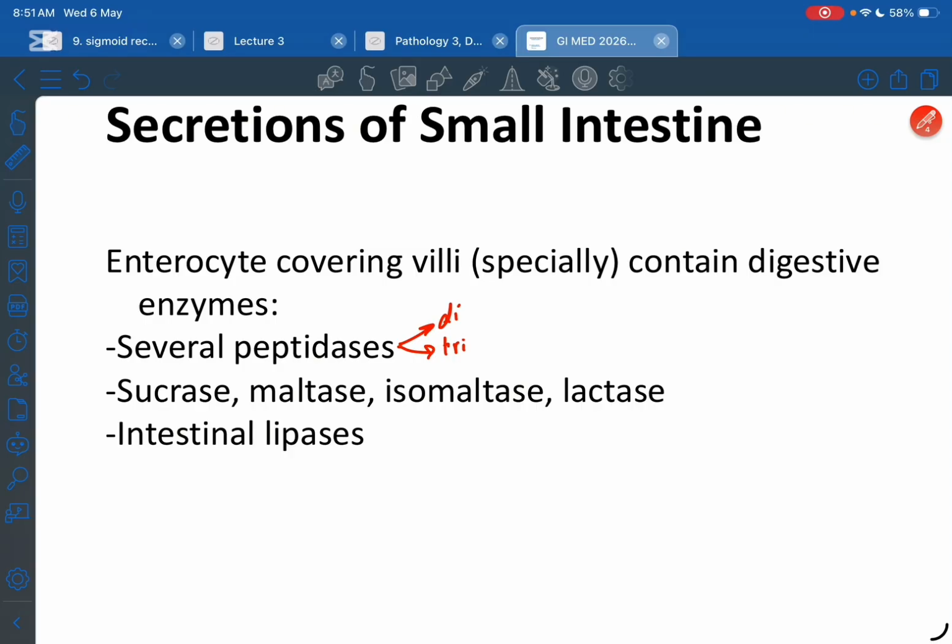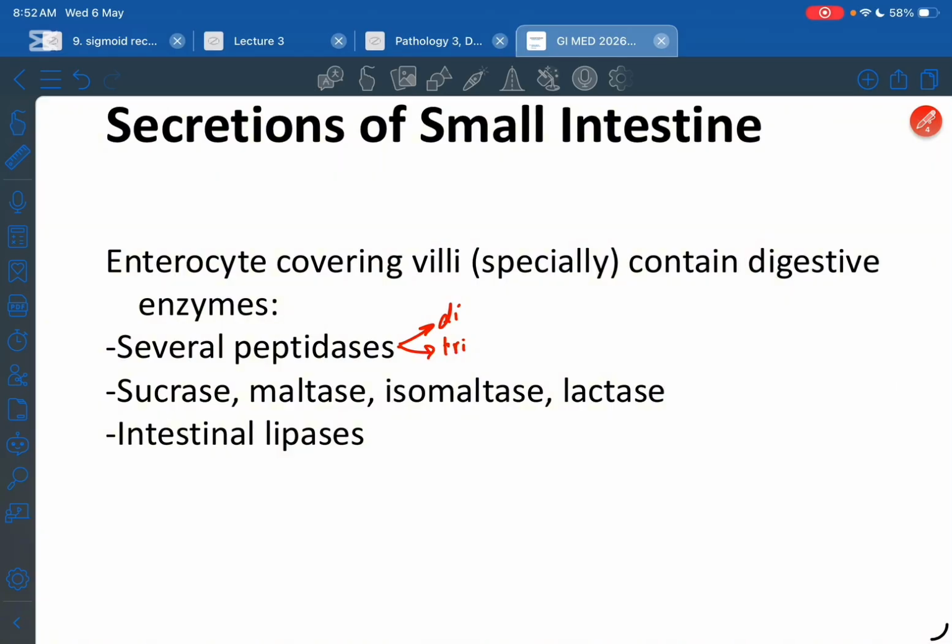But if we don't have complete digestion, we don't have complete absorption. Then we will deliver to the large intestine dipeptides, disaccharides, and certain fatty acids, which are a good media for bacteria to grow on. The complications of this bacteria are distension, gases, and osmotic effect, where we will end in diarrhea.